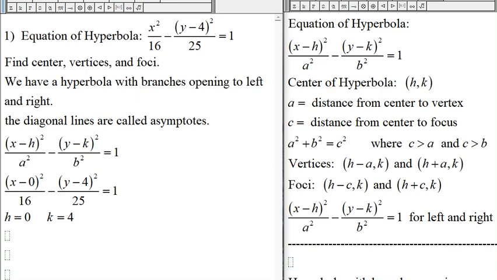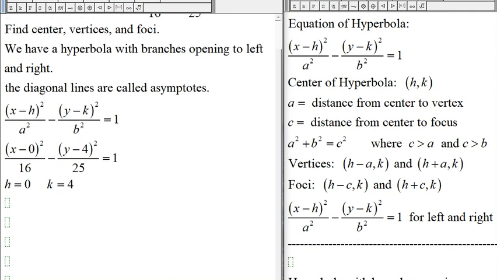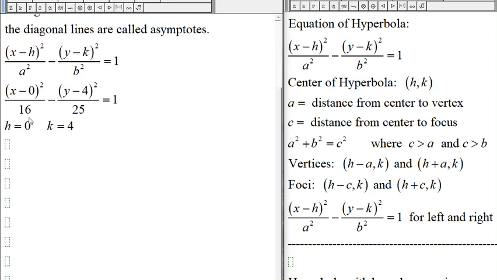To get the a and the b, the first number right here is going to be a squared. And then the second number will be b squared.